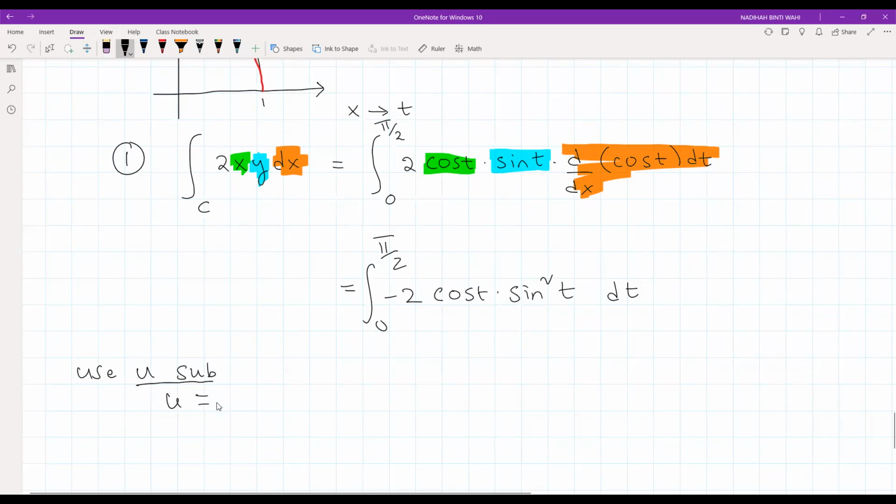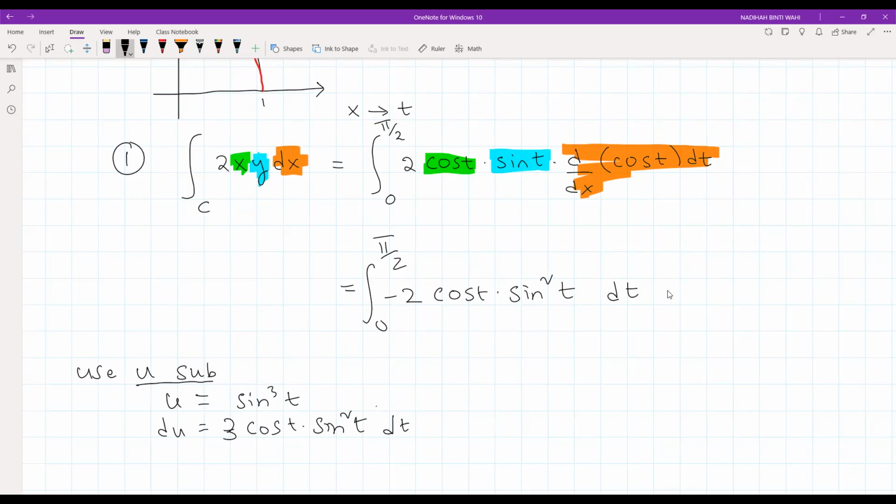Saya boleh buat u equals to sin cube t, sebab dia ada sin dan cosine. So du is just 3 cosine t times sin squared t dt. Okay, so awak dah nampak dia punya ni.